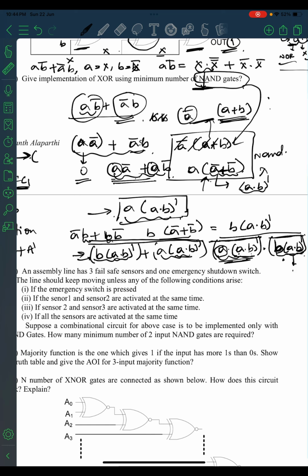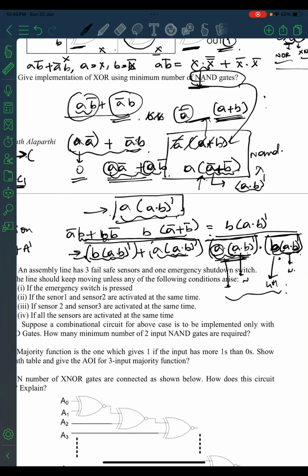So this is one AND gate, this is the second AND gate, this is the third AND gate, this is the fourth AND gate, and if you look at this completely, this whole bar, this is one value, this is another value, these two are ANDed, and there is a complement, so this is an AND gate.